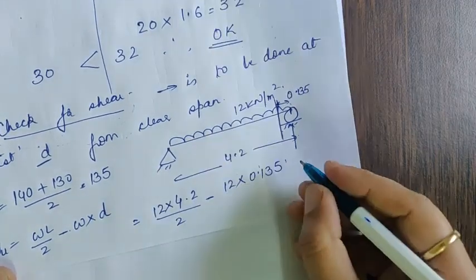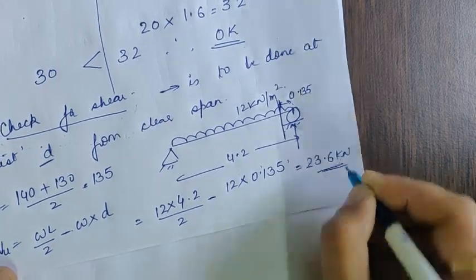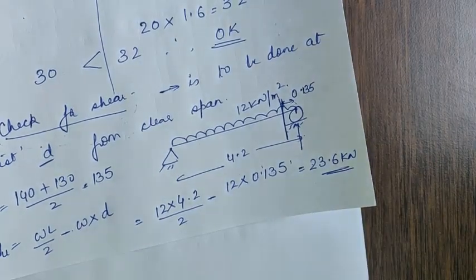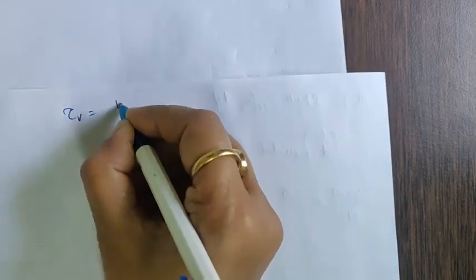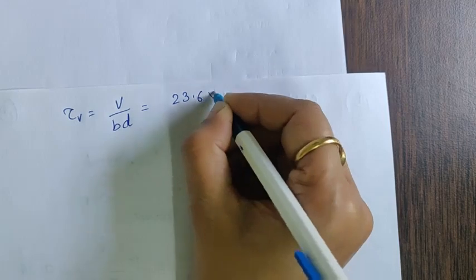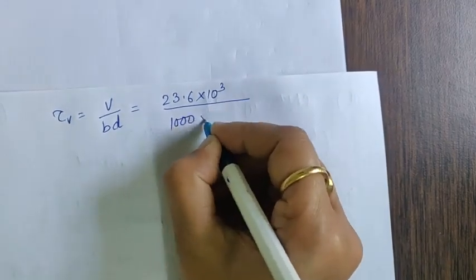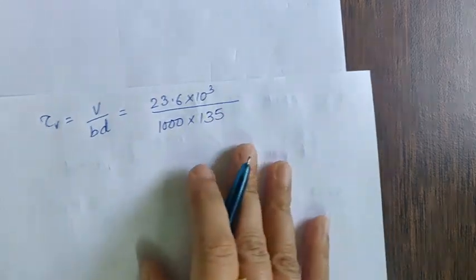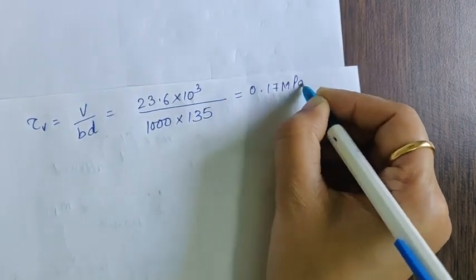So this value becomes 23.6 kilonewton. So we are to resist a shear force of 23.6 kilonewton. It means the nominal shear stress is V by b into d, that is 23.6 into 10 raised to power 3, b is 1000, d is 135. So this is coming out to be 0.17 megapascal.